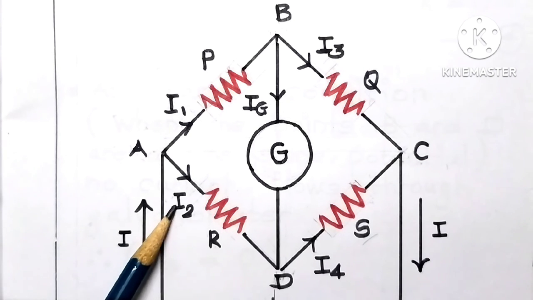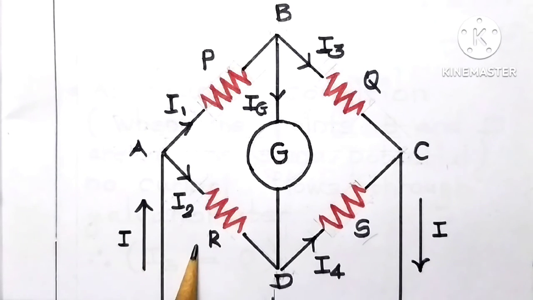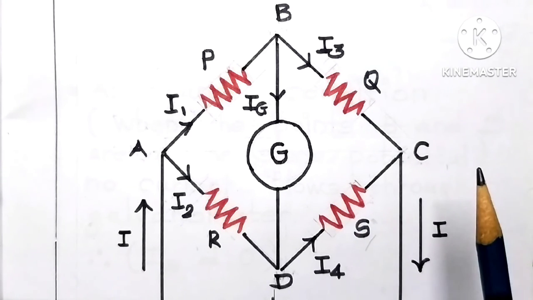Similarly, I2's direction is opposite to our direction. So these two products, I2R and I4S, are given minus signs.